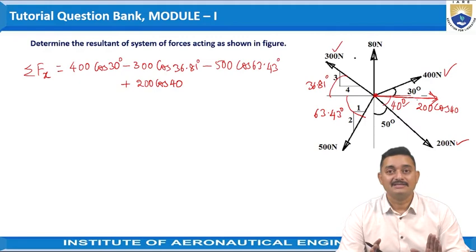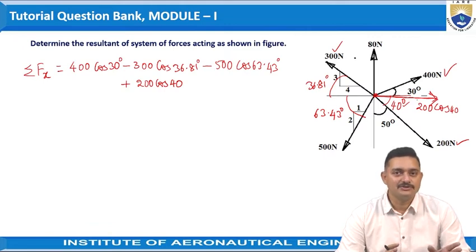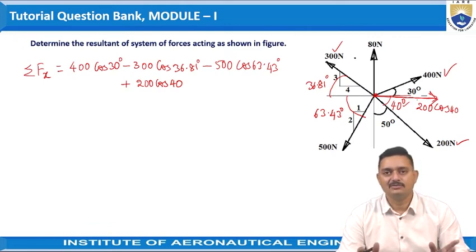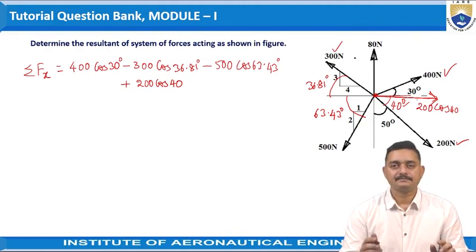That is, if you consider left hand side axis forces, that is negative axis forces, as positive forces, you can do that. There is no problem in that, but you need to continue to use the same sign convention till the end of the problem. So keep it in mind.